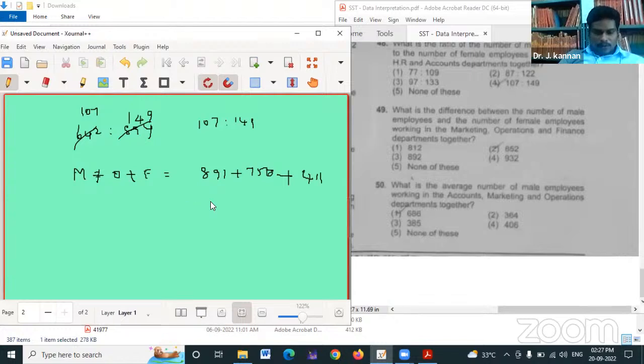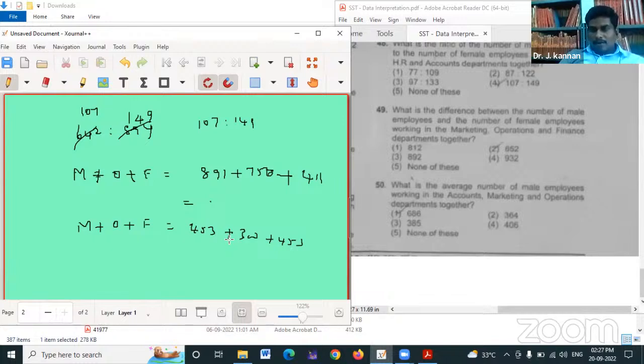So add all the values. And for female employees in the marketing, operation and finance departments, 453 plus 300 plus 453. So adding all the values, and finally subtracting the female employees from the male employees.